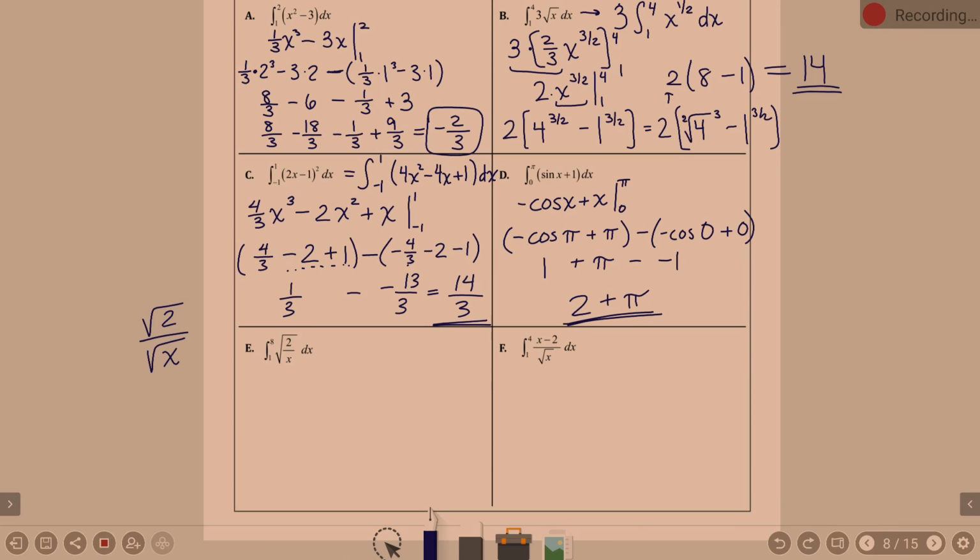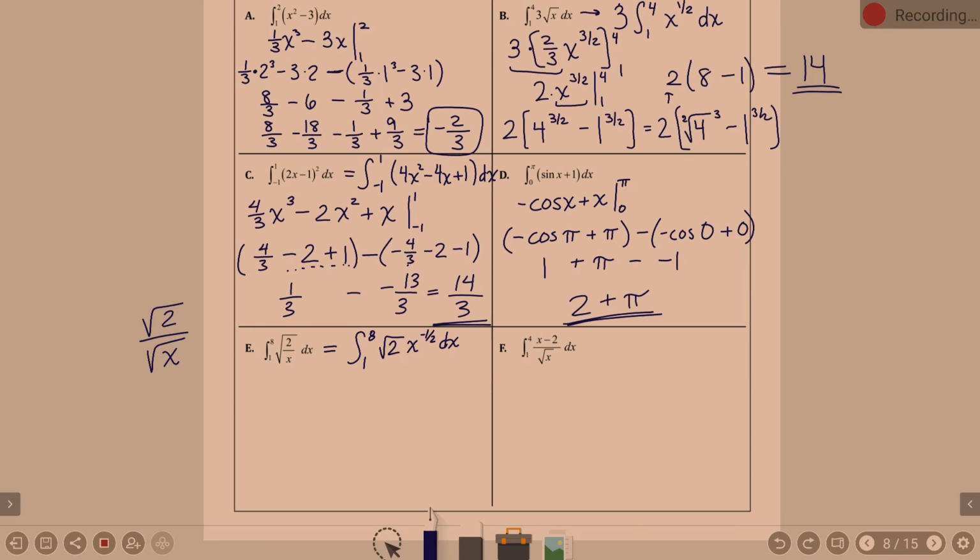But then, before I do this, square root of 2 is just a constant, yes? What about square root of x? X to the negative 1/2 if you pull it out of the denominator, which you're going to have to do to do the antiderivative.